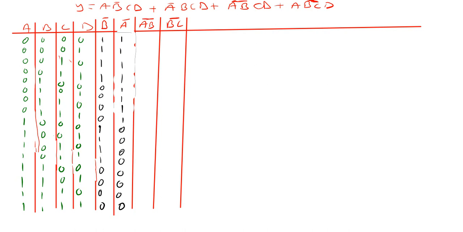So in this case, we take the input of A. For example, here we have 0, 0 and 0. We normally get a 0. Then we negate that 0 to get AB negated, which will be 1 here.